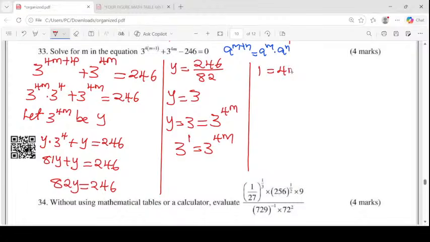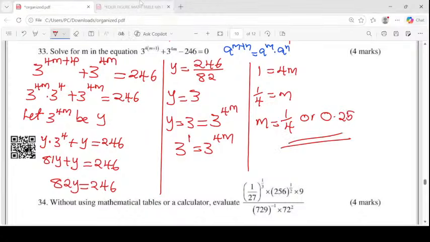Dividing through by 4, I get 1 over 4 is equivalent to m. Remember, the question was getting the value of m. Therefore m is a quarter, or you can even say 0.25. That is how you get 4 marks for that question number 33.